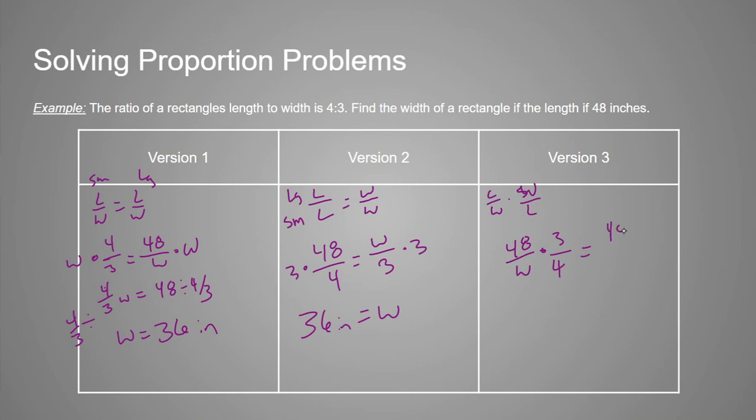And because this would look like 48 times 3 over W times 4, we can pull out the W. This is W times 48 times 3. Sorry, back up.